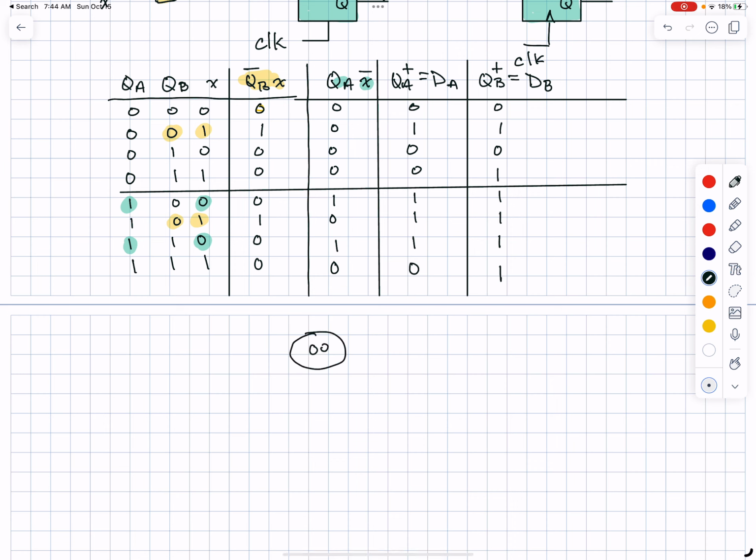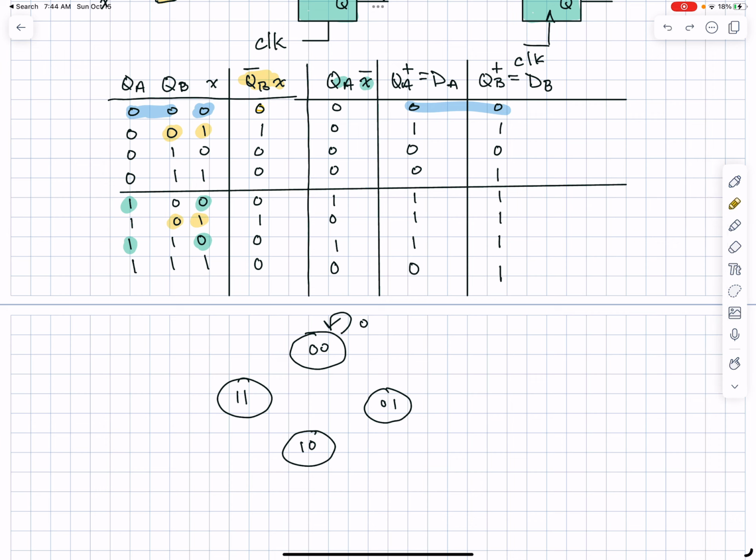So we have the states 0 0, 0 1, 1 0, and 1 1. Let me change the color to blue. When I'm in 0 0, on a 0, I go to 0 0. When I'm in 0 0, on a 1, I go to 1 1.